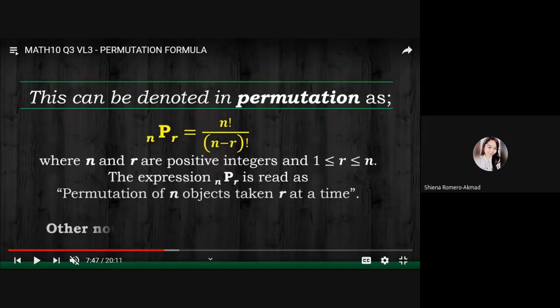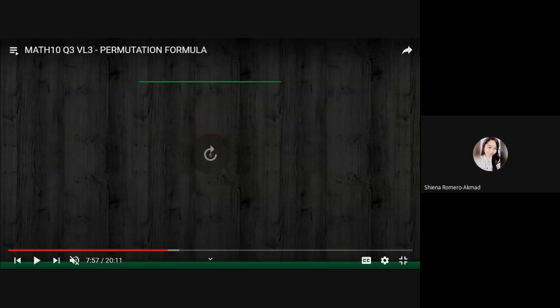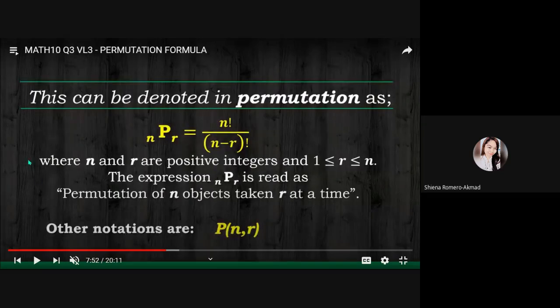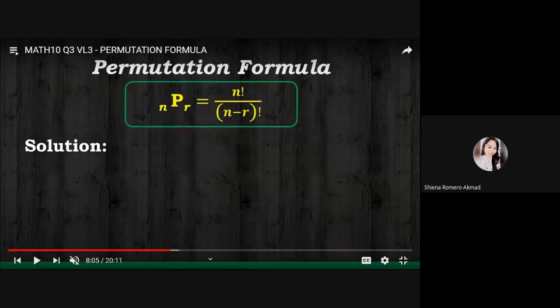So the expression nPr is read as permutation of n objects taken r at a time. Tulad kanina, yung n natin is the number of objects. There are 8 objects, and we are going to get 3 at a time. There are other notations, written like this and like this. So the permutation formula is nPr equal to n factorial divided by n minus r factorial.